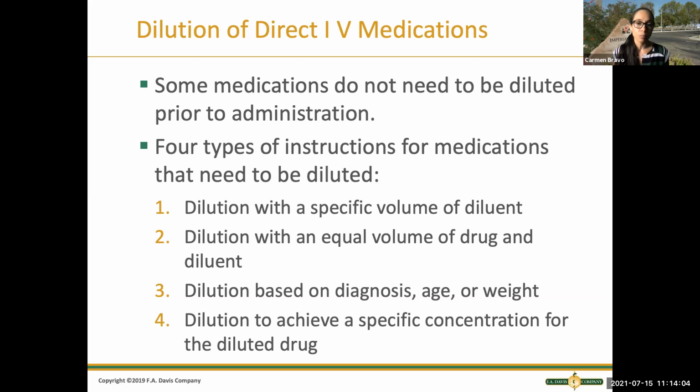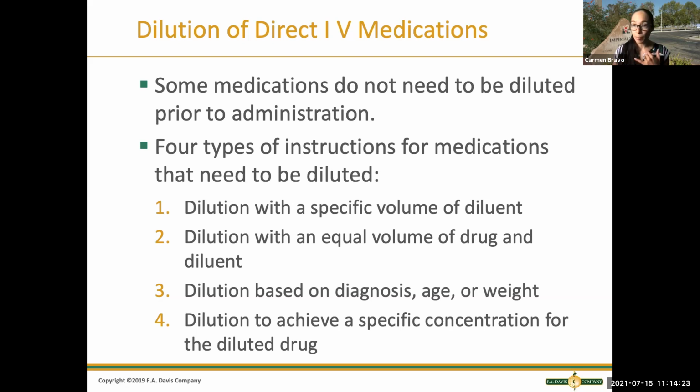And then there are some dilutions that need an equal amount of the drug and the diluent. In other words, if you need 2 milliliters of the medication, you dilute it with 2 milliliters of normal saline, the equal volume. Some dilution is also based on diagnosis, age, and weight.